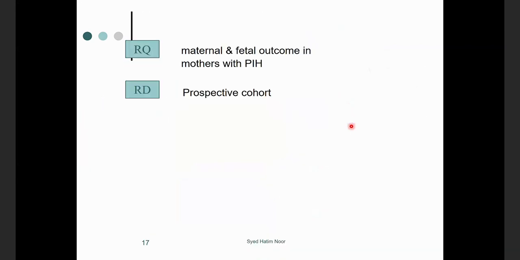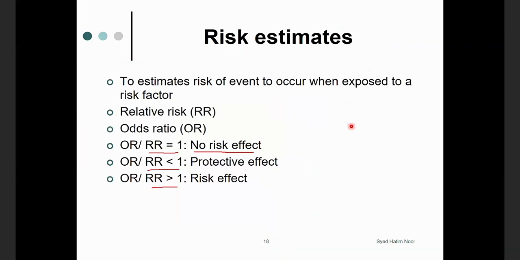The interpretation of the odds ratio is the same as relative risk. OR equal to 1 means no risk, less than 1 is protective, more than 1 is a risk effect. The only thing is that when you interpret, you cannot say higher risk because this is not a true risk.